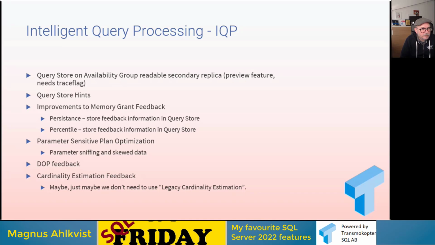DOP feedback. DOP is degree of parallelism. When does a query run in parallel? Well, it runs in parallel if the cost for the query is larger than the cost threshold for parallelism. And cost threshold for parallelism is an instance-wide setting. I think it's a database scoped configuration nowadays too, but it doesn't matter where the setting is.